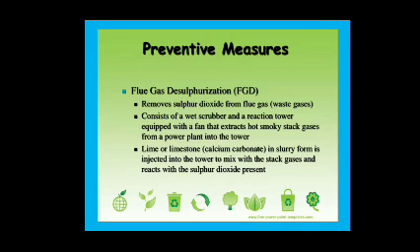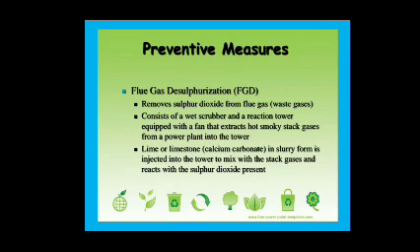Remove sulfur dioxide from flue gas. It consists of wet scrubbers and reaction towers equipped with a fan that extracts hot smoky stack gases from the power plant into the towers.